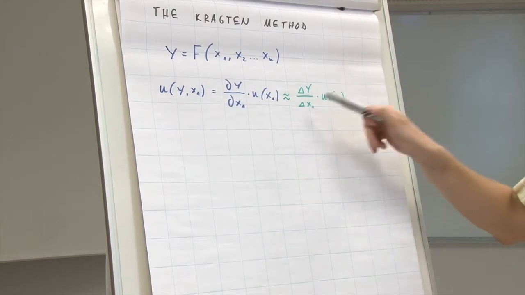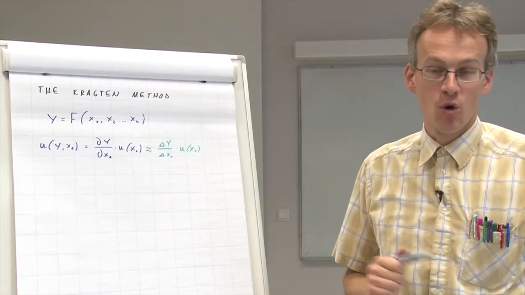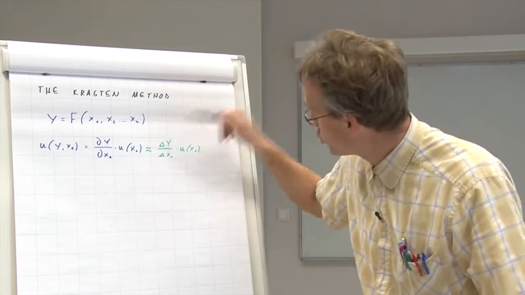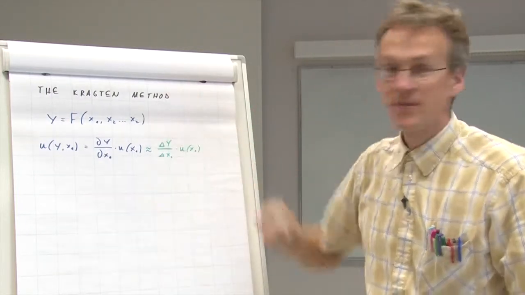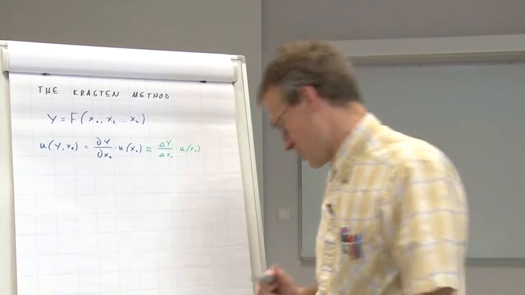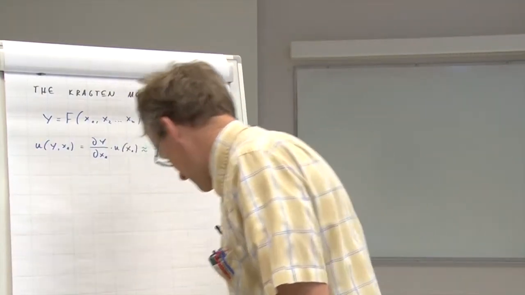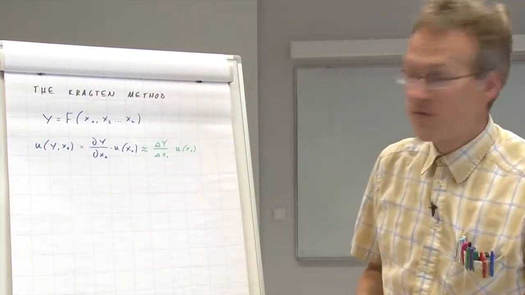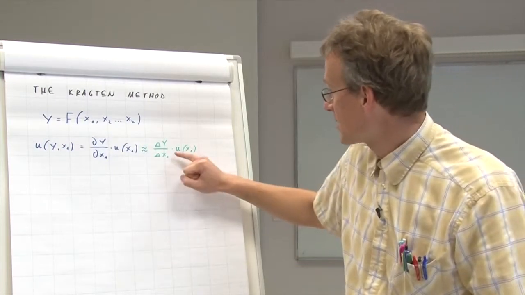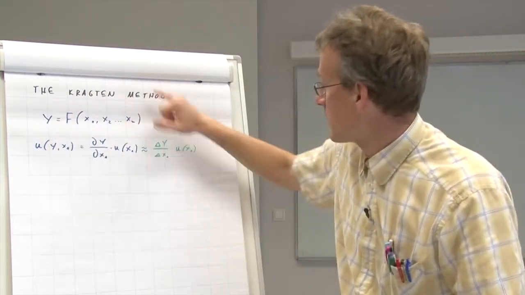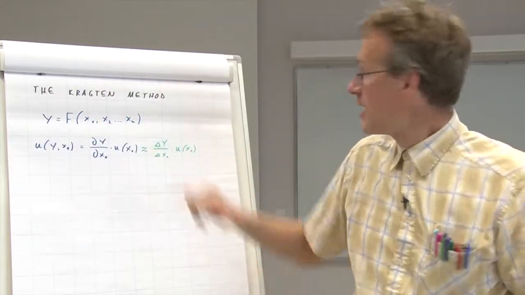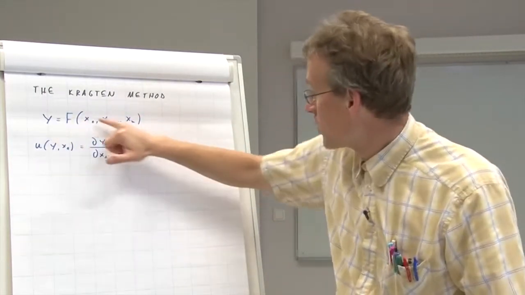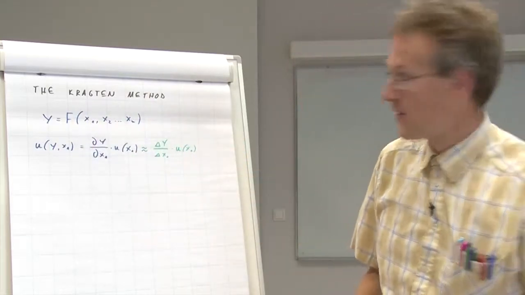Now, with delta x1, all is clear, but how do we find delta y? For this, we have to look at this function again, and it is obvious that we have to subtract from the function found at position x1 plus delta x1, the function as it stands here, whereby x1 has not been modified.